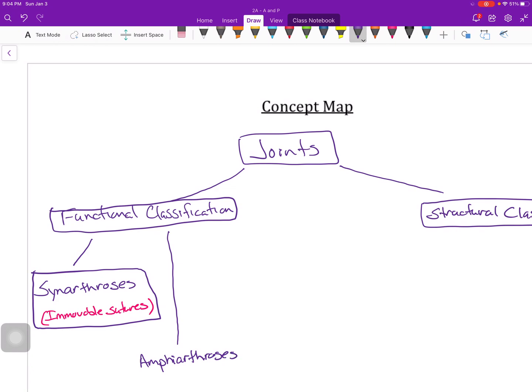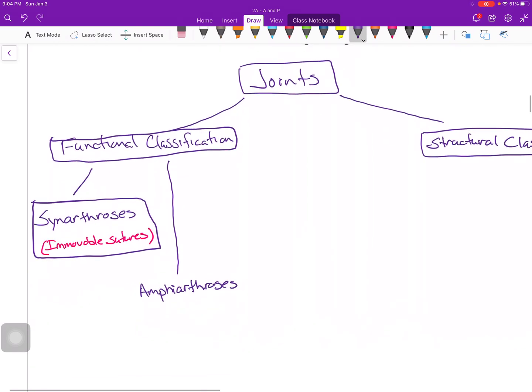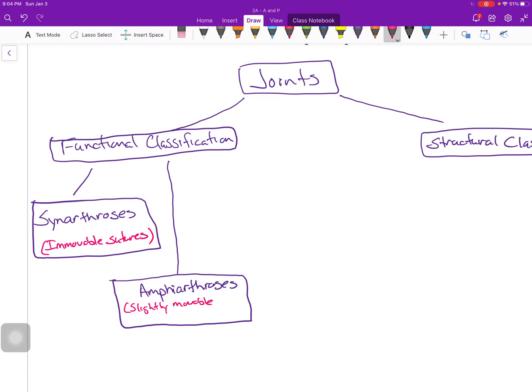And these are slightly movable. And we'll make this box a little bit bigger here. For example, the pubic symphysis, which we will remember connects the two pubic regions of the coxal bones together.